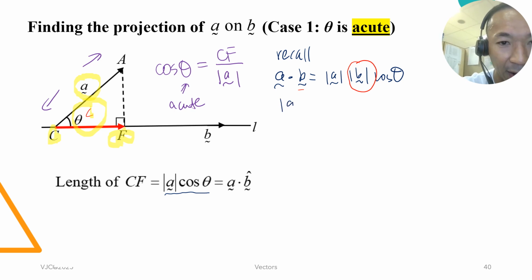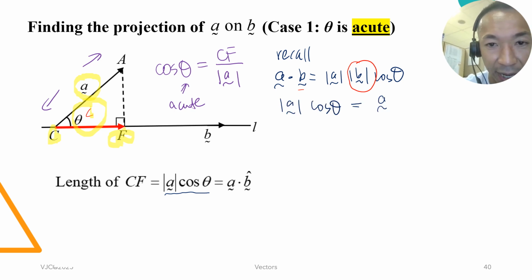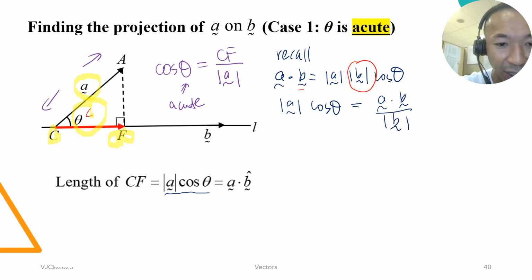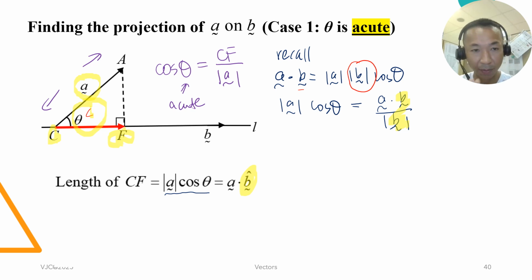I get mod A cosine theta is A dot B divided by modulus B. And this one is actually the unit vector of B. So the length of CF is A dot B hat.